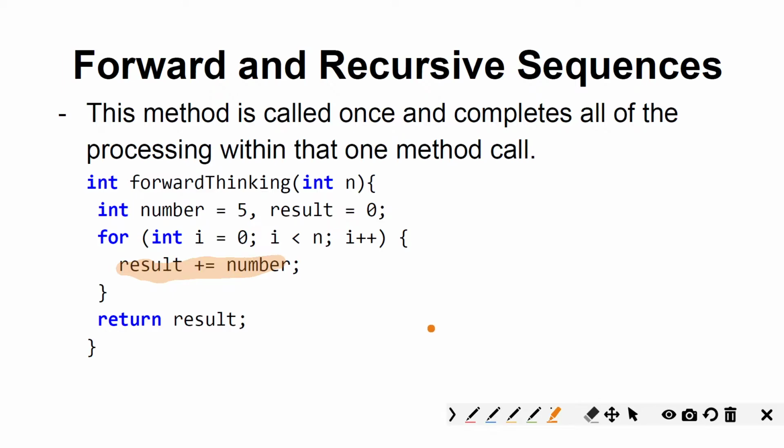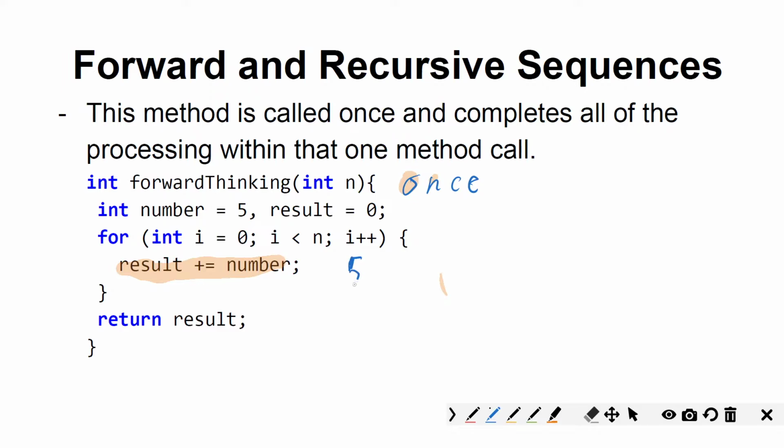And for that calculation, you just call the function once. Oh, I need to change the marker, sorry. You call the function once, and here you calculate your result. Result plus equals 5, of course.